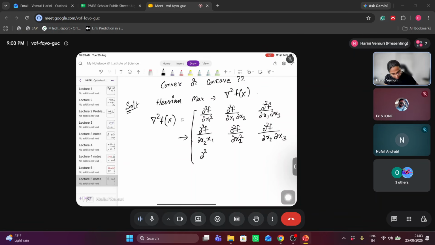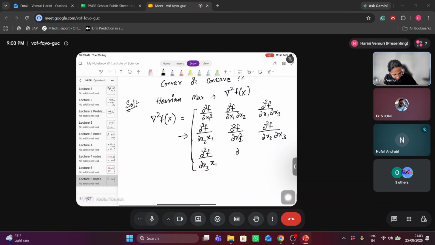The last row will have the first differentiation with respect to x3, then x1, x3, x2, dou square f by dou x3 square. Okay, basically this is x1, x2, x3. Here okay, don't get confused like this. Is this clear how I wrote the 3 by 3 matrix?